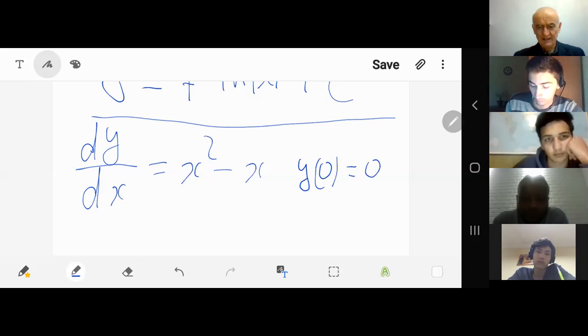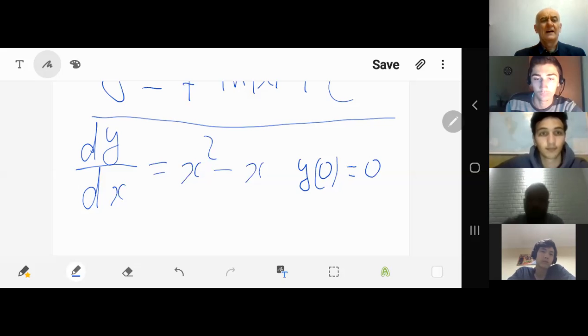It means that we should first of all find the general solution for this differential equation. The general solution, as in the previous examples, will have a constant C, and then we will use this condition y(0) equals 0, and we will find one particular solution.